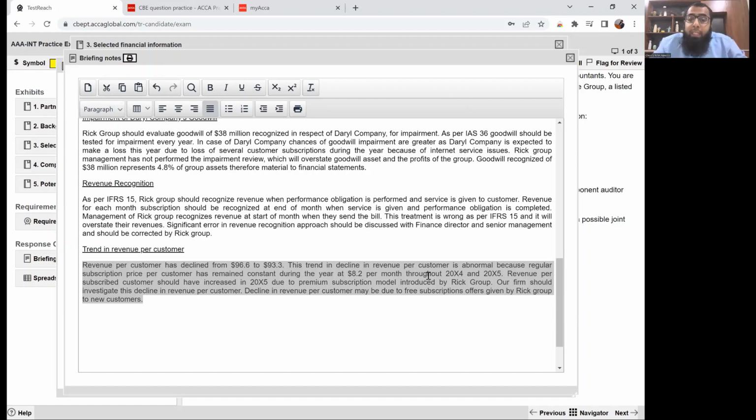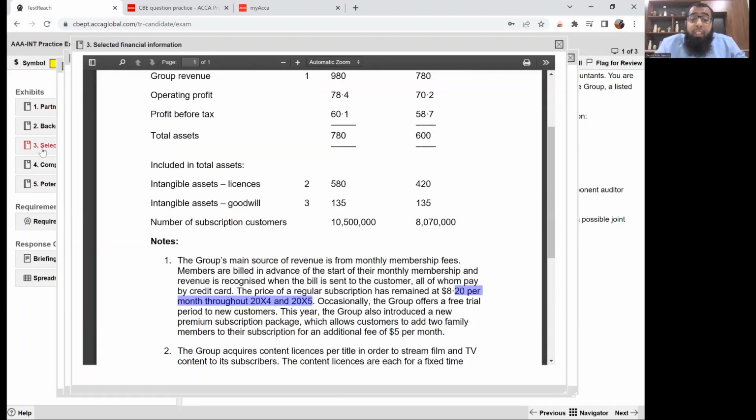Then why is it declining? Now we said that revenue per subscribed customer should have increased. Why should it have increased? Because the company has introduced some concept of premium packages. The price should have increased rather than fallen. So again, it's questionable. But then we said that occasionally the group offers a free trial period to new customers.